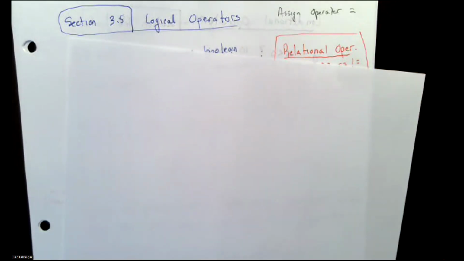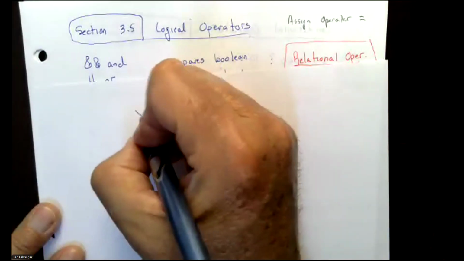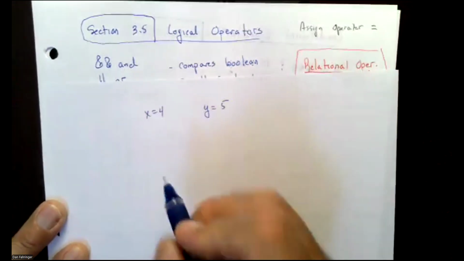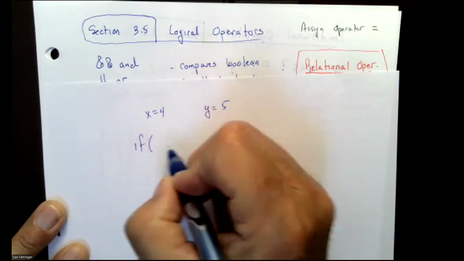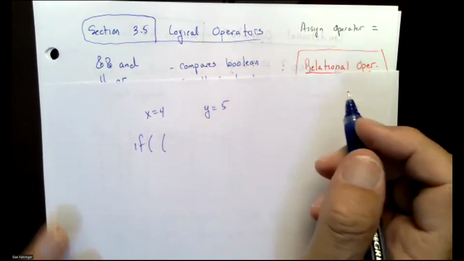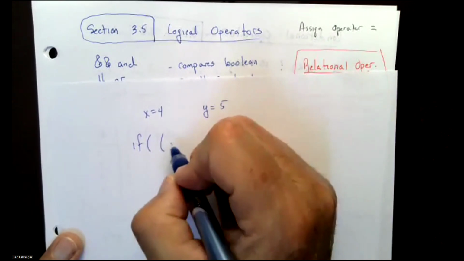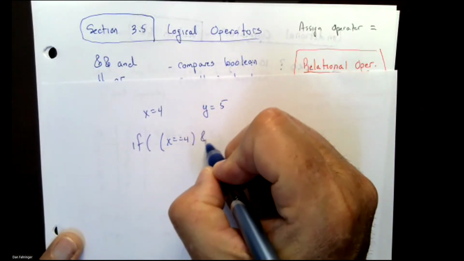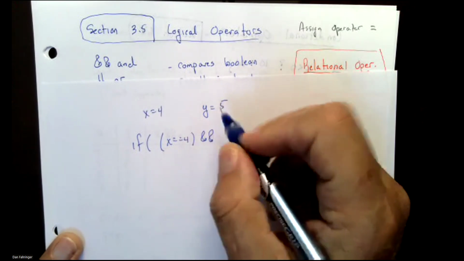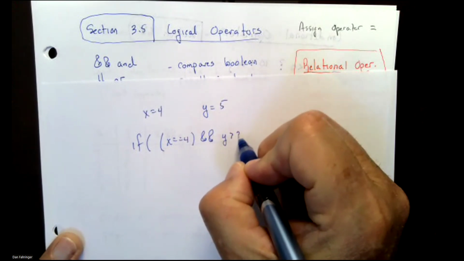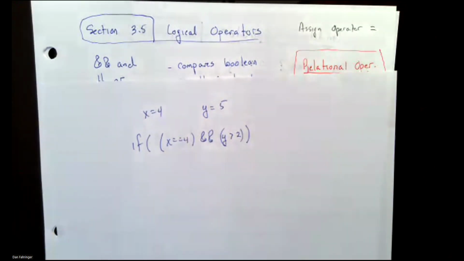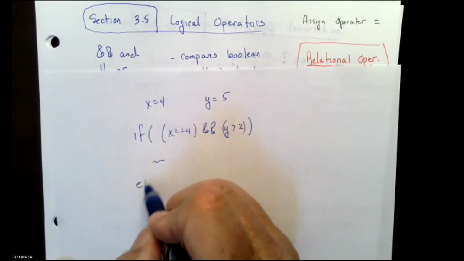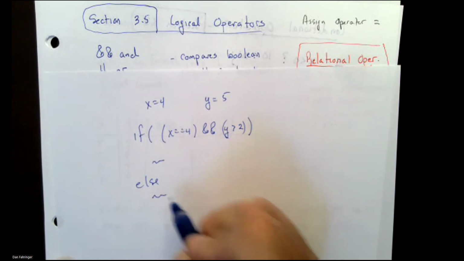Well, let's take a look at a quick example. X equals 4, y equals 5. If I have a statement where on the left side I say if x equals 4 and y is greater than 2, yada yada, else yada yada.